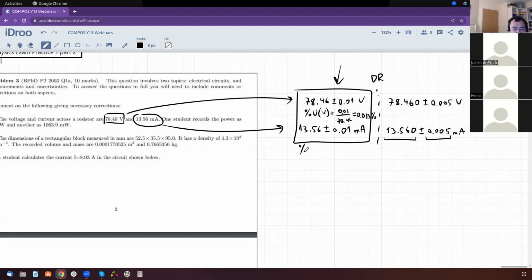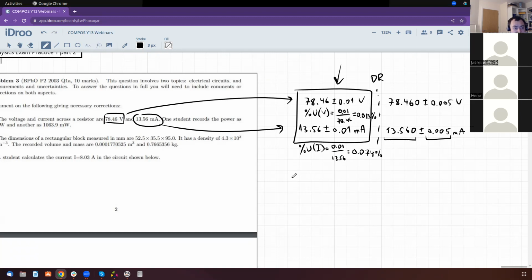And the percentage uncertainty for current is 0.01 divided by 13.56, which is 0.074%.